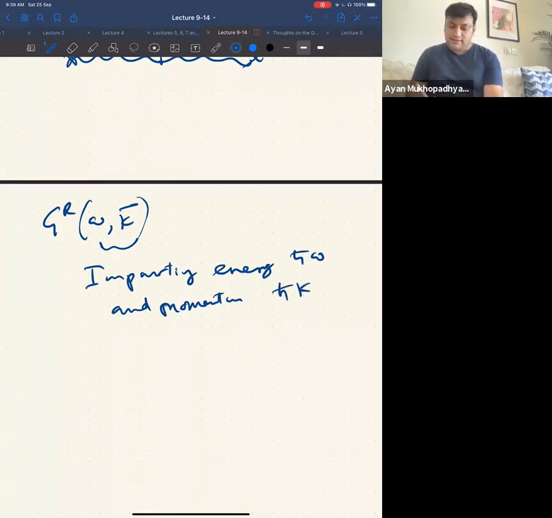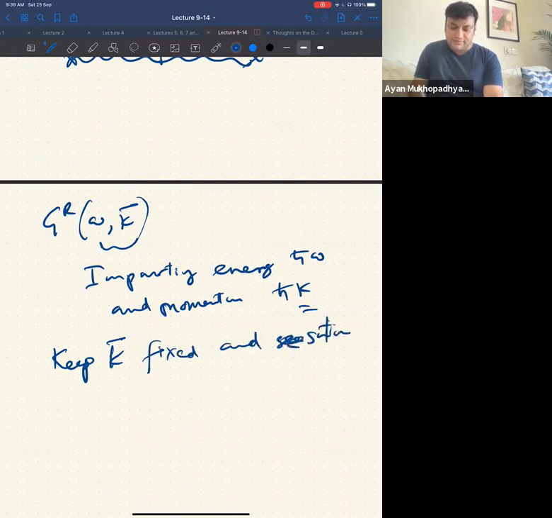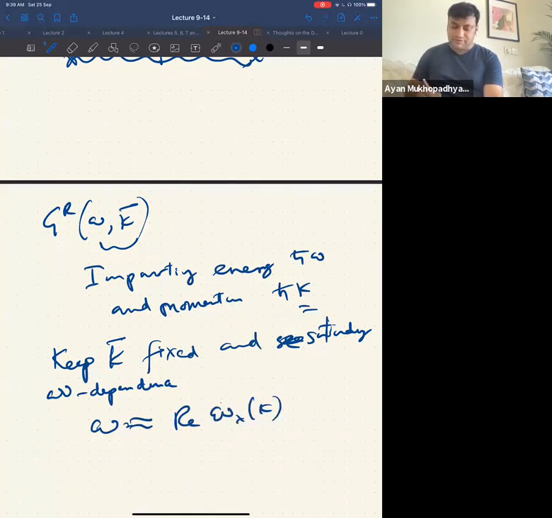Now, suppose you keep k fixed. If I keep k fixed and look at it as a function of omega, and study the omega dependence, what you expect is that whenever omega is equal to the real part of omega star(k), you will see an enhancement of the response, because then the particle is nearly on shell and it's carried by a real particle.